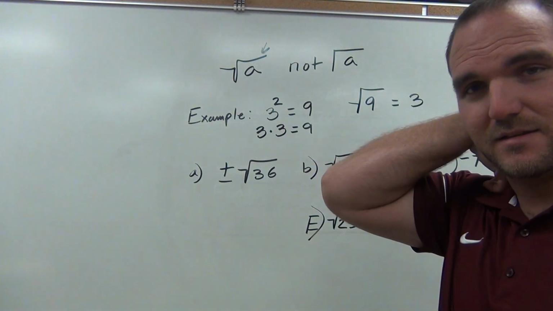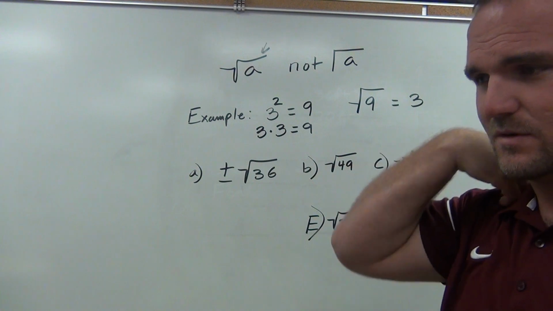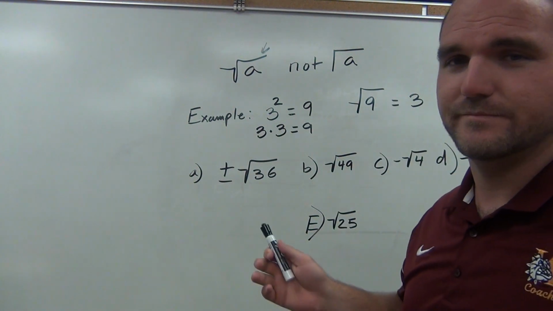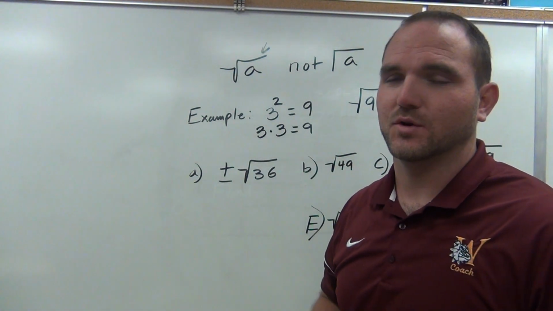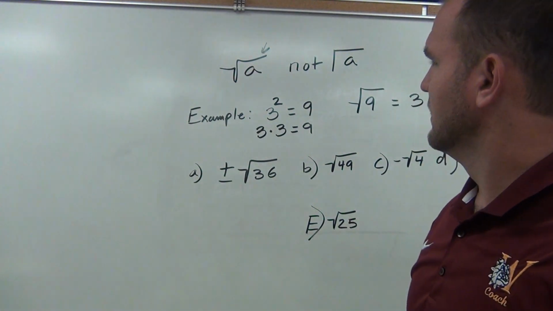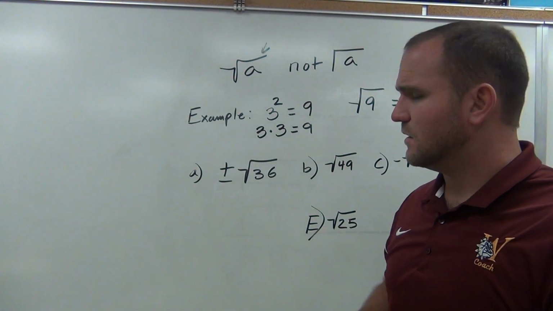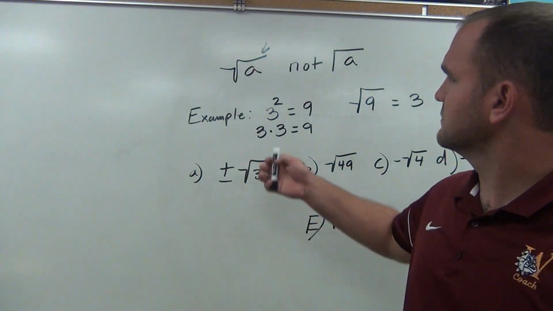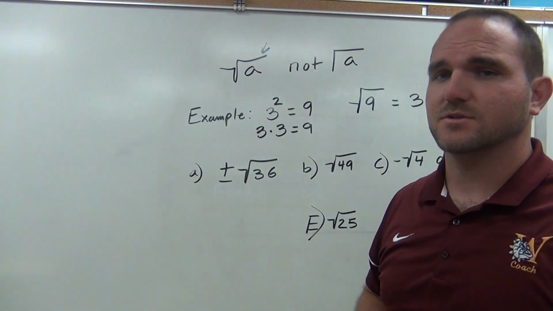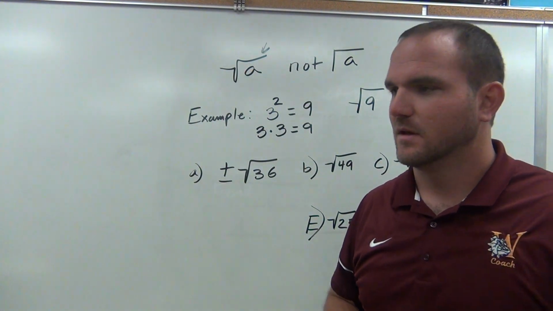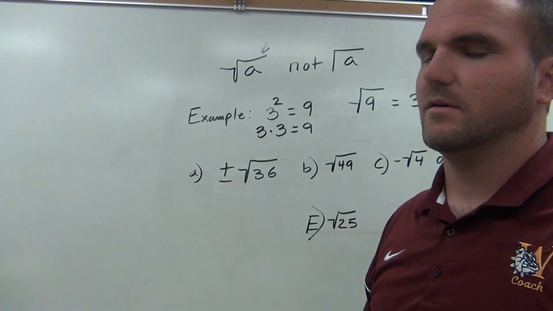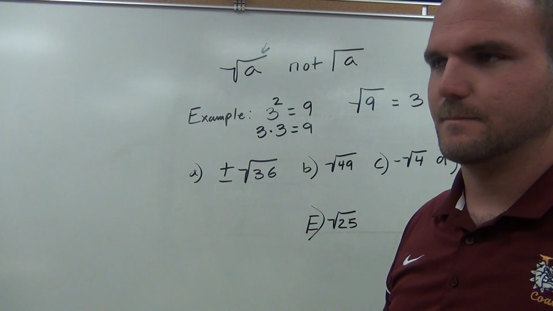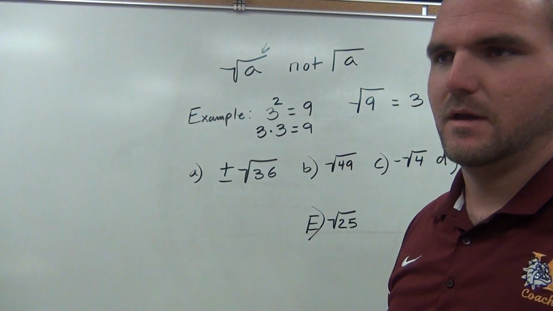You're not dividing these. I'll show you in a little bit what it could be if you did the wrong thing. You're trying to figure out what multiplied by what can give you that number.